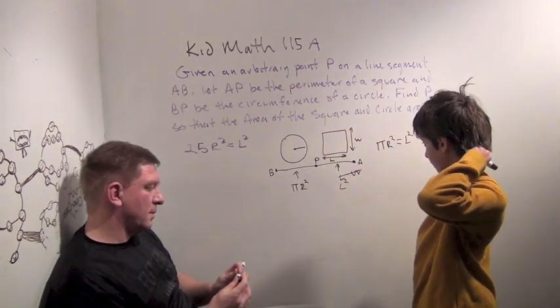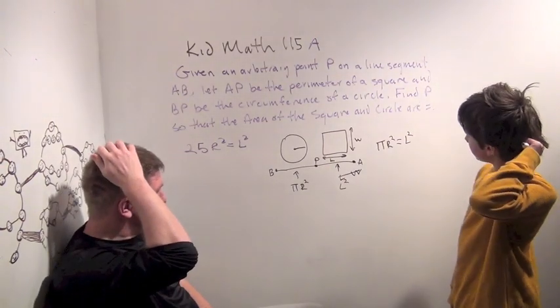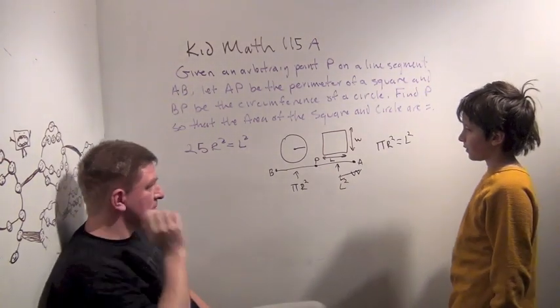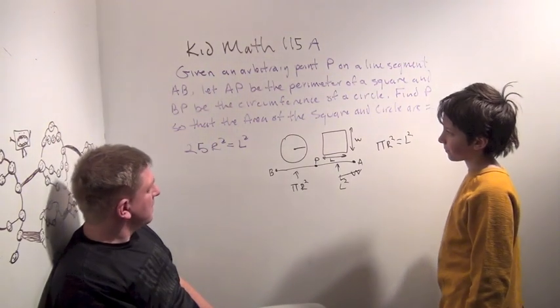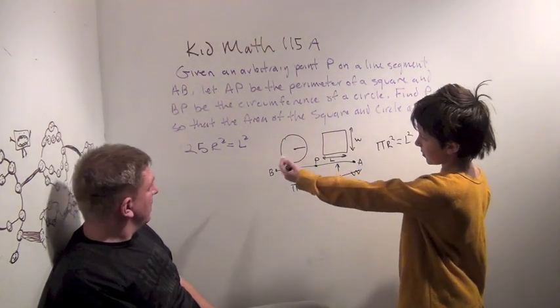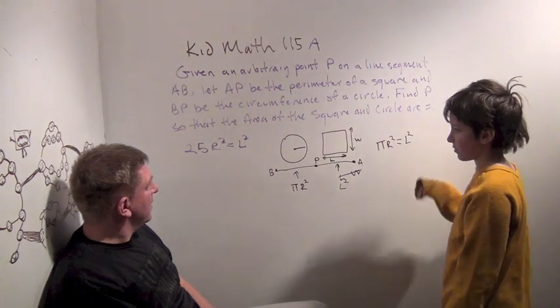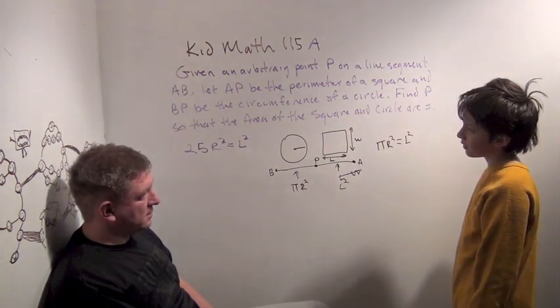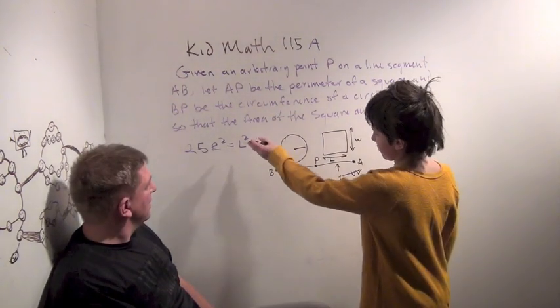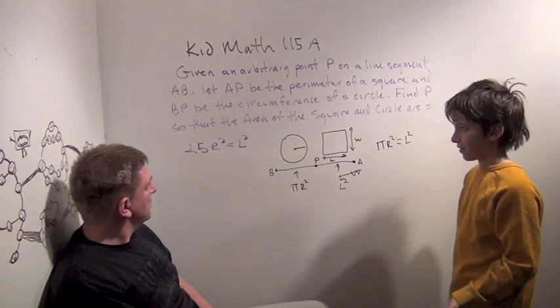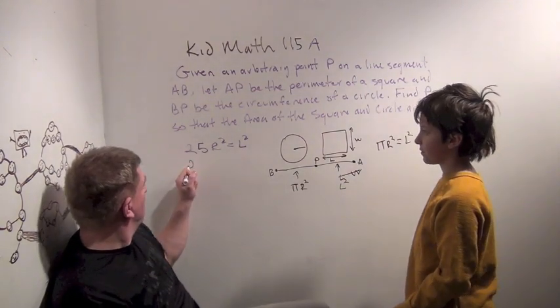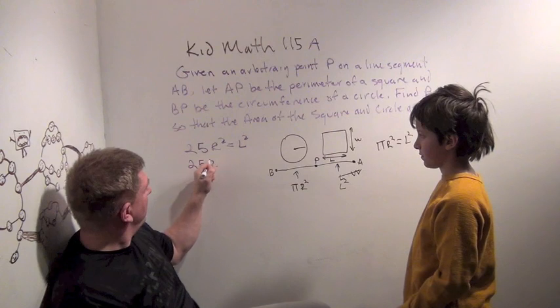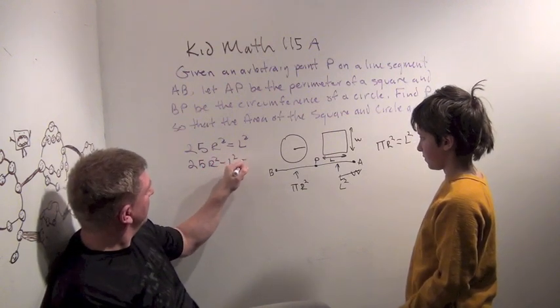Well, you could move this something to the other side and get it to equal 0. 25r squared minus L squared equals 0.